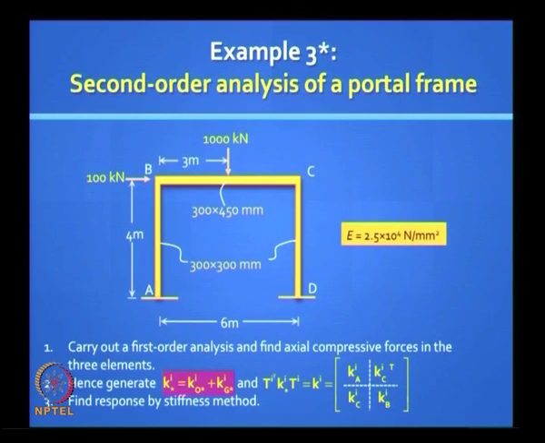Well, the first thing you should do is carry out a conventional first order analysis and find out the axial forces in the three elements. You will get it automatically from the program that you have developed for analyzing plane frames. Then you take those axial forces which you got and modify the geometric stiffness matrix, okay, right, and run it again, you get a solution, another solution. Will that be correct? Why not?